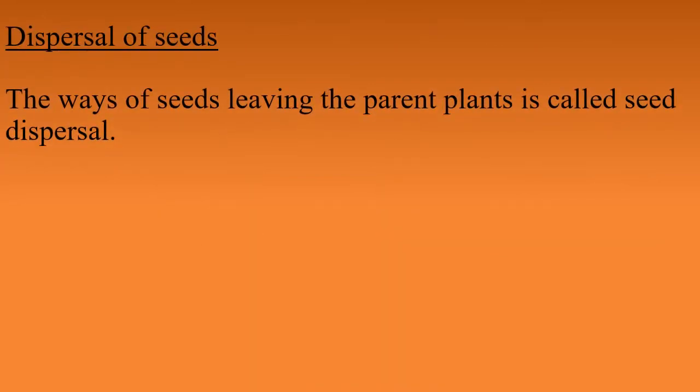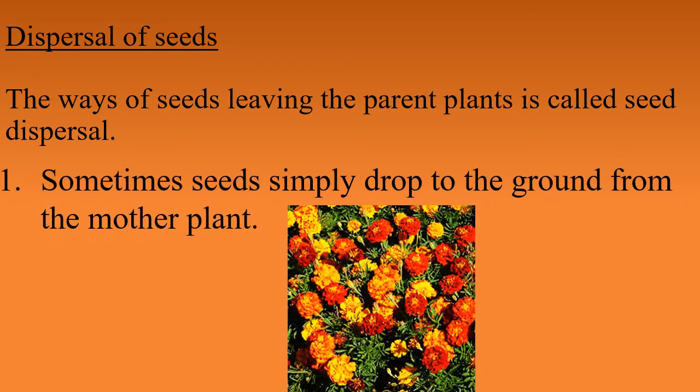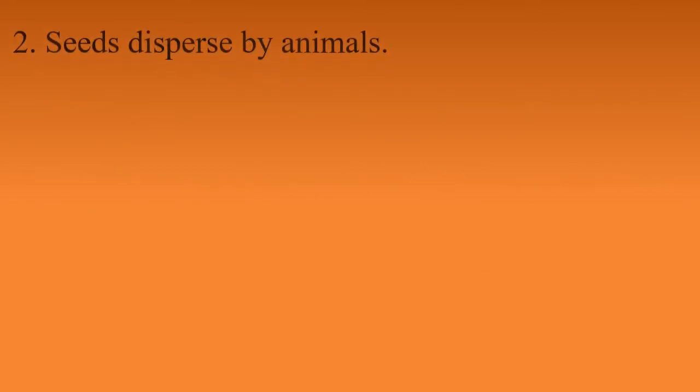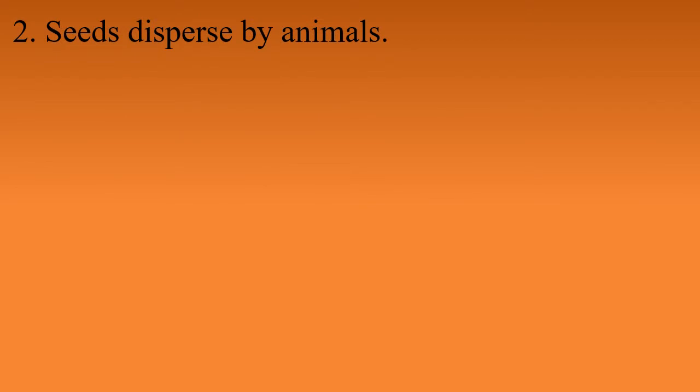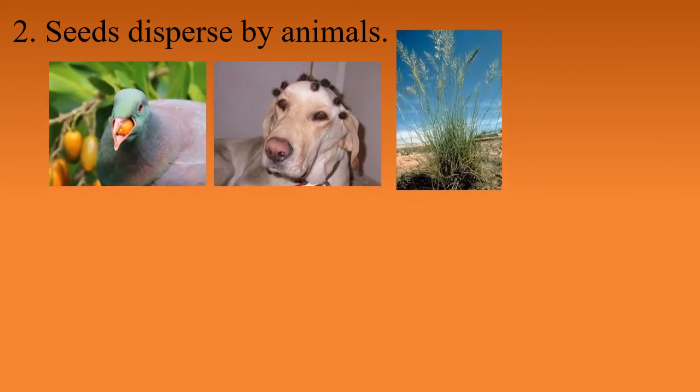Dispersal of seeds. The way of seeds leaving the parent plants is called seed dispersal. Number 1. Sometimes seeds simply drop to the ground from the mother plant. Number 2. Seeds dispersed by animals.